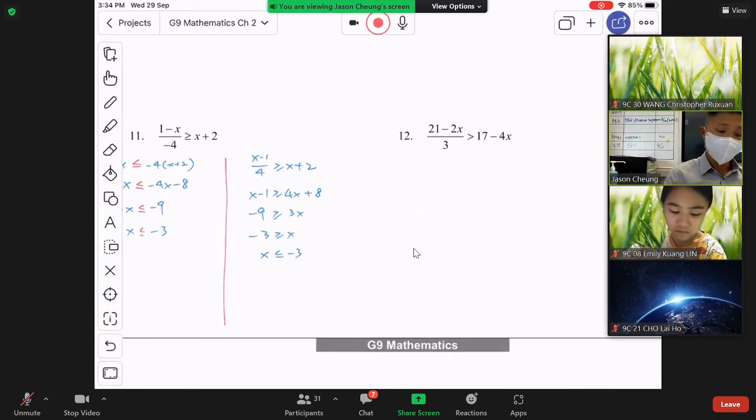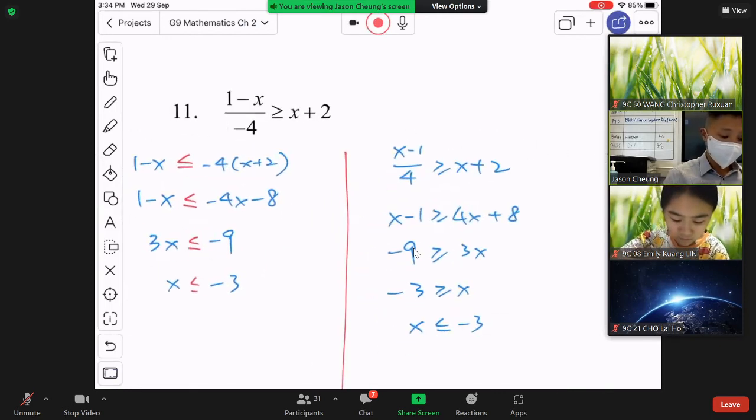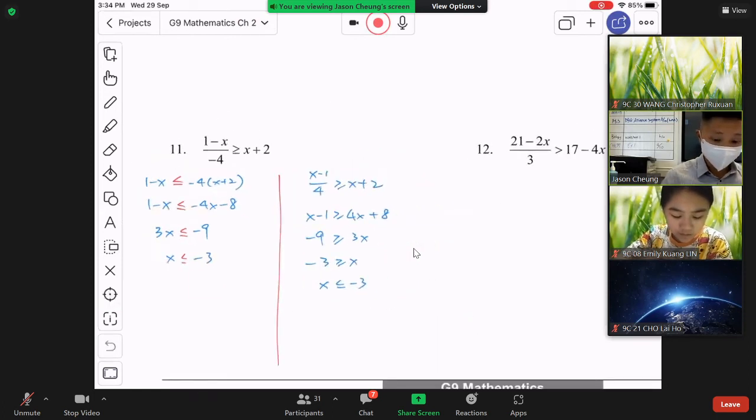Therefore, when you encounter questions with a negative sign in the denominator, you may try to put it in the numerator here. It may help. All right. Any question?